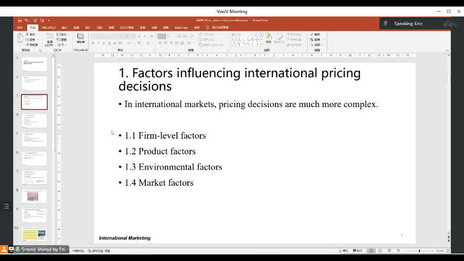The first thing is what influence factors affect the price decision. Generally, there are four kinds of factors. First is the firm perspective. Second is the product perspective. Third is the point of view of the environment. The fourth one is according to the market.